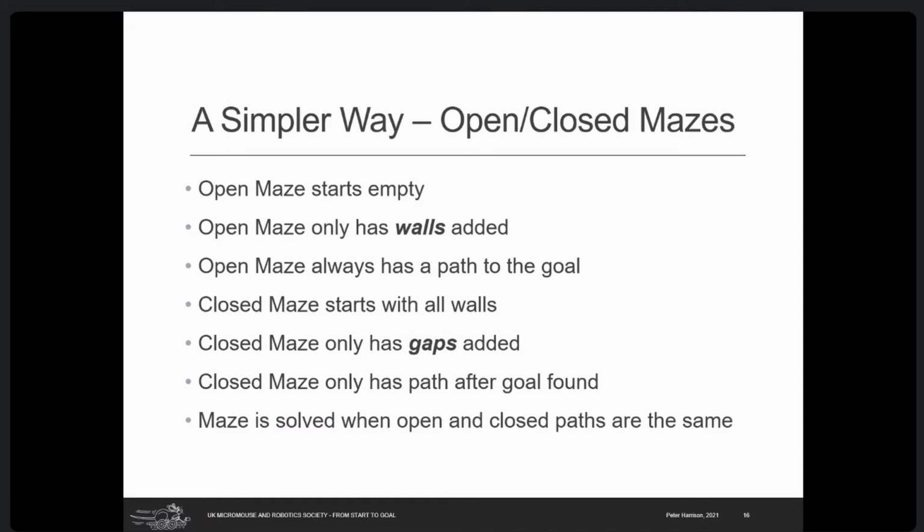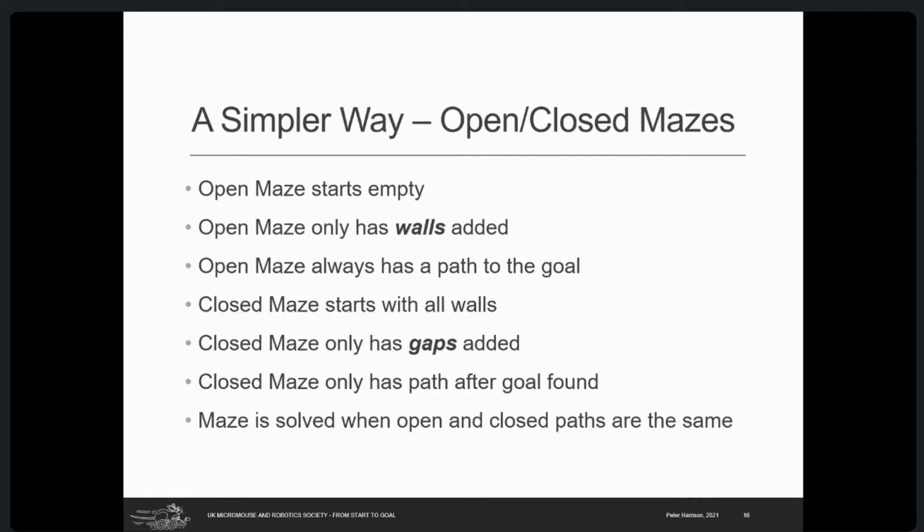The closed maze starts off with all of the walls filled in, except the one just to the north of the start cell. Every single wall is present. And as you discover gaps, you add the gaps to the closed maze. Now, at the start, obviously, there is no way to get from start to goal through the closed maze. Everything's got walls in the way.